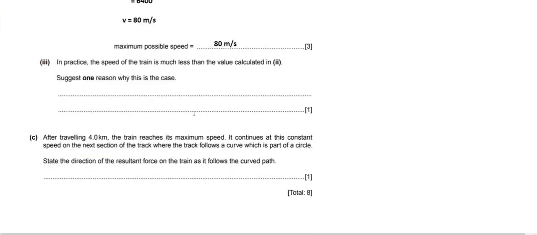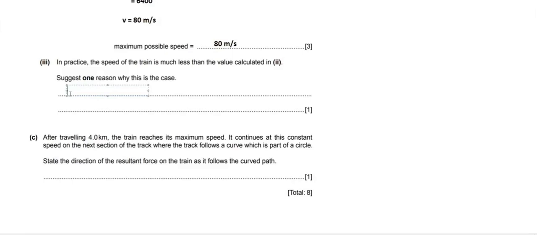Now the third sub question: in practice, the speed of the train is much less than the value calculated in this 2. So here 80 meter by second is not exactly achieved, and one reason why this is the case is, as I already told you, some energy is always dissipated as heat energy or any other energy, and work is always done by the friction as well.